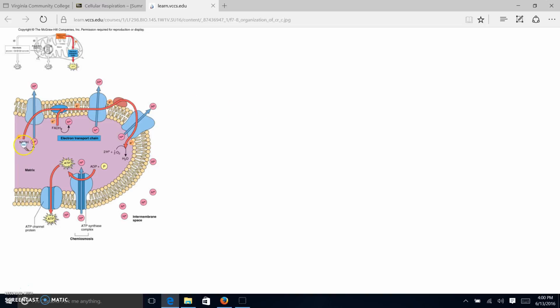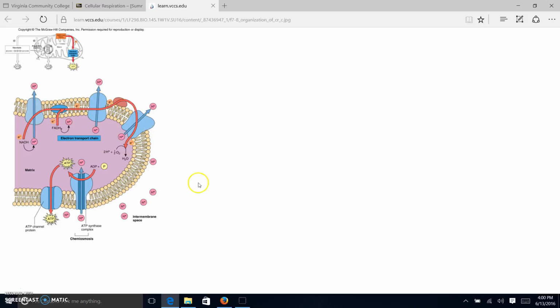Notice when NADH enters this process, it's energizing 1, 2, 3 pumps. When FADH2 enters this process, it never has anything to do with the first pump. It goes to the carrier and it only energizes 2 pumps.